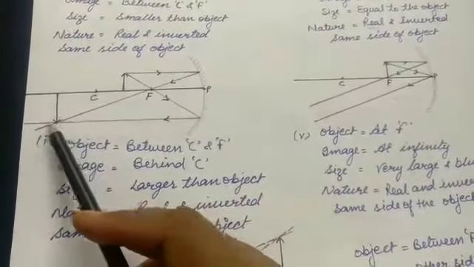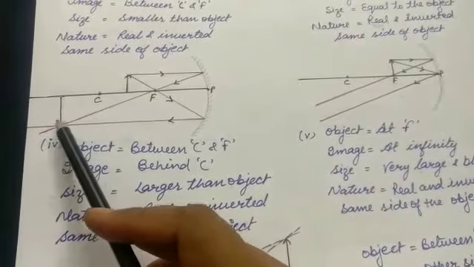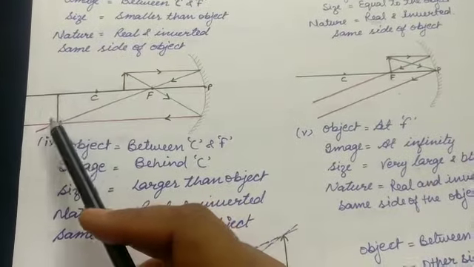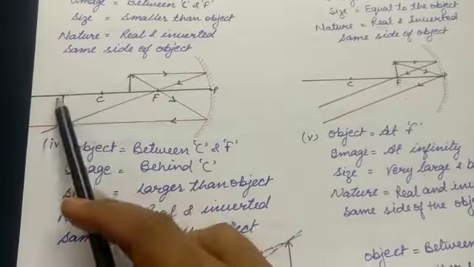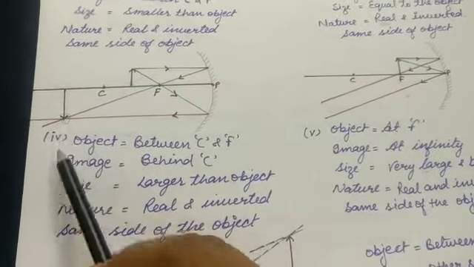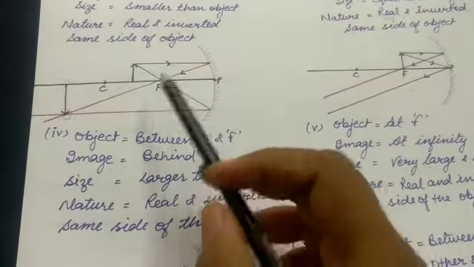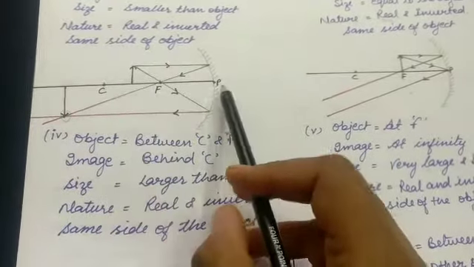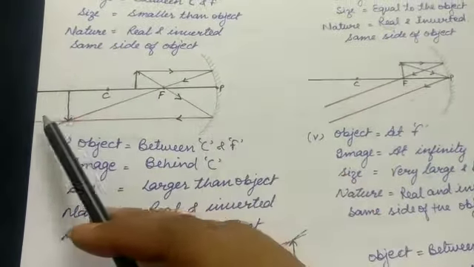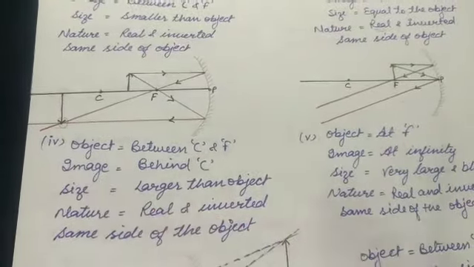Nature again, really they are intersecting with each other, so the image is real. We can get this image on a screen, and real images are always inverted, so an inverted image we are getting. And the same thing is there, that the image is formed at the same side of the object. Object is in front of mirror and the image is also in front of the mirror.